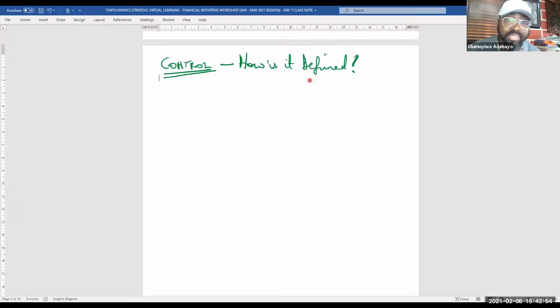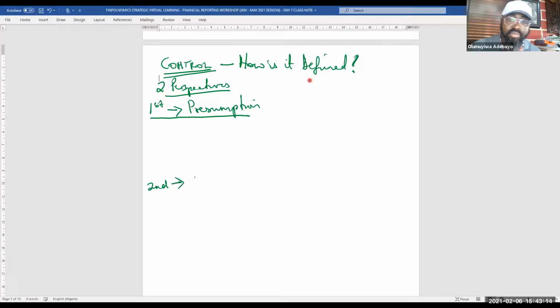Now, there are 2 perspectives. First is by way of presumption, and second, by way of substance and reality.